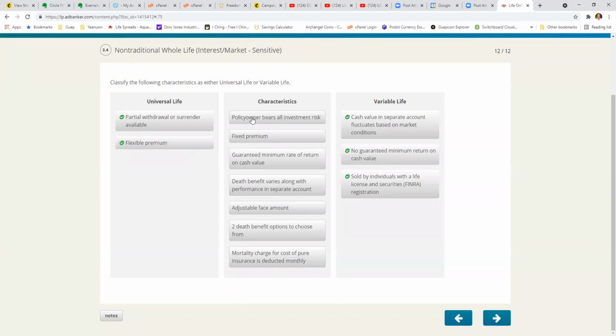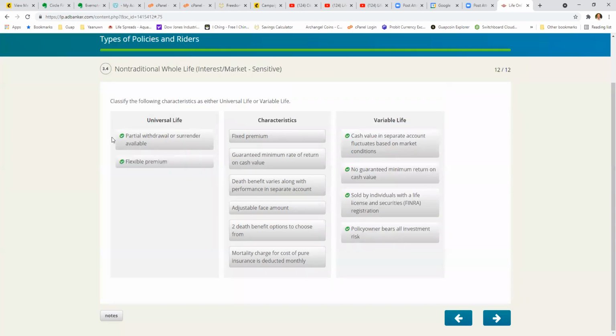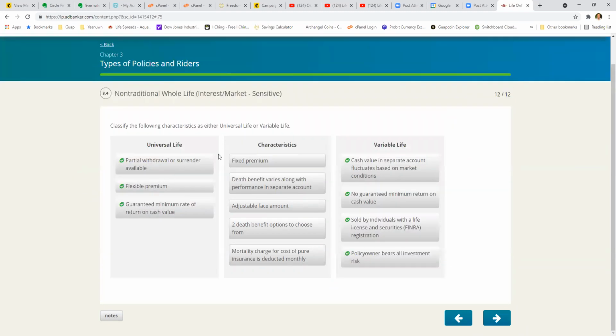Policy owner bears all investment risk. Variable. Right. Now we have a guaranteed minimum rate of return on cash value. So if the other one has the investor bearing all risks, this one must be universal.